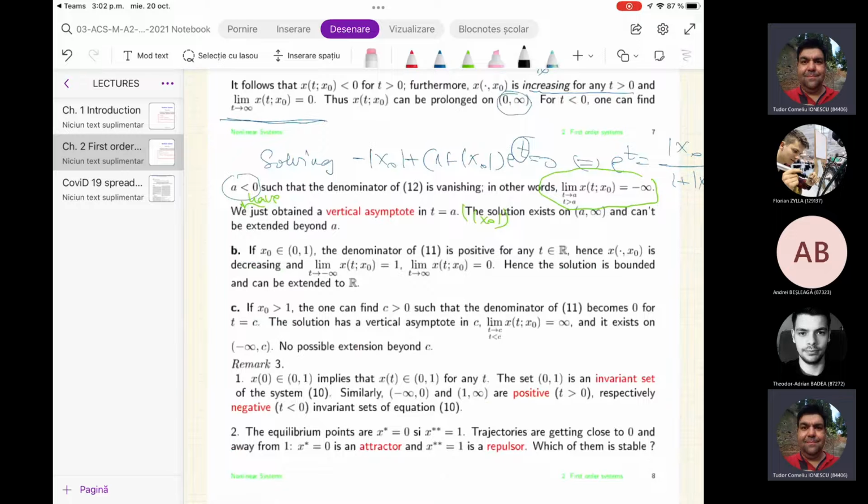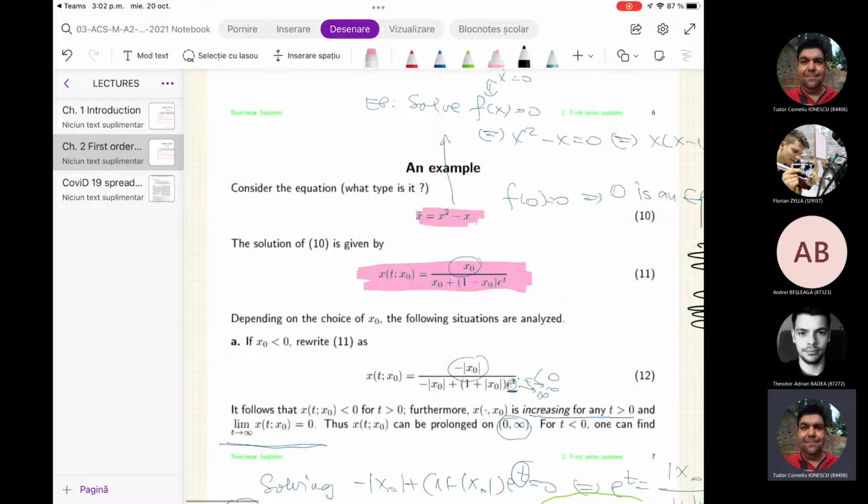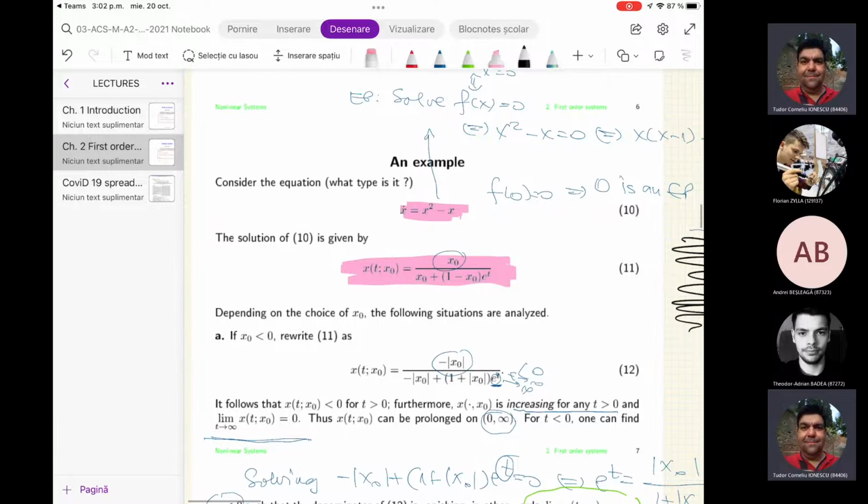Another case is what happens if x naught is less than 1. If x naught is between 0 and 1, then x naught plus 1 minus x naught exponential of t is positive for all t.